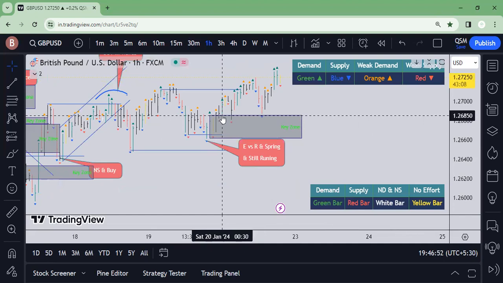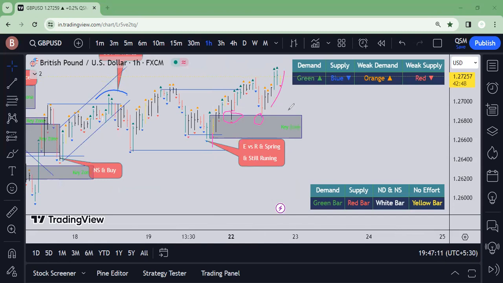Like at this particular point, we have a zone. There was no effort. Again, there was a weak supply, a strong supply. Then price went up, of course. And in my previous session, there was one gentleman who asked me about how to buy and how to sell. If you have not done my Wyckoff and my master trader course, I normally put it this way: if there is a pullback and there is some price cessation taking place above this particular level, you can go for a buy with a stop loss beneath.